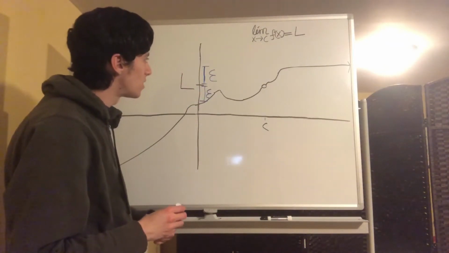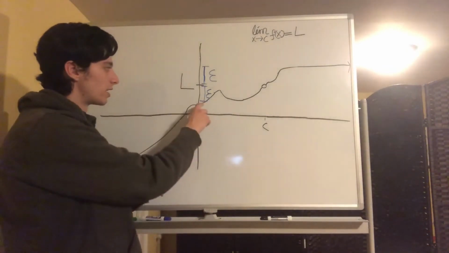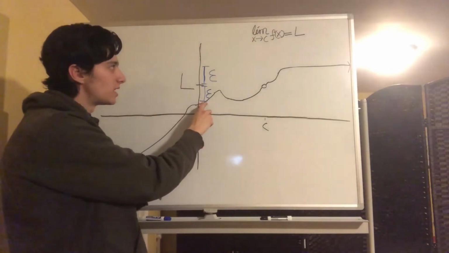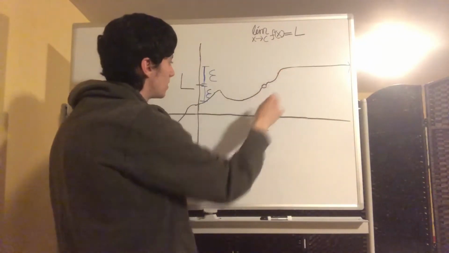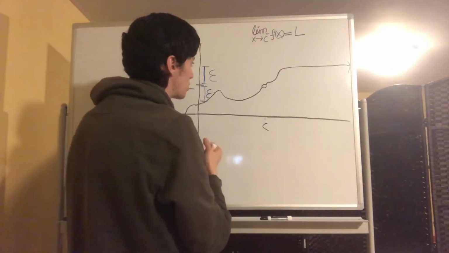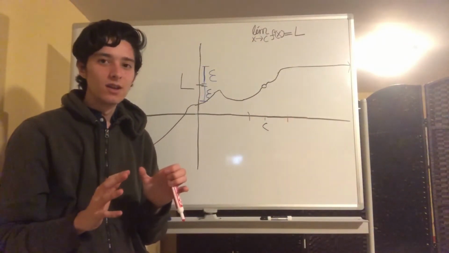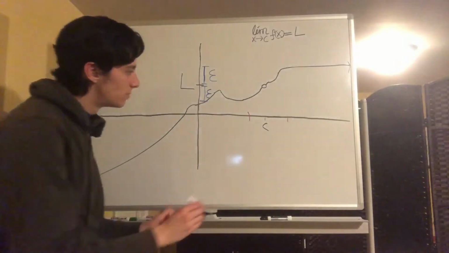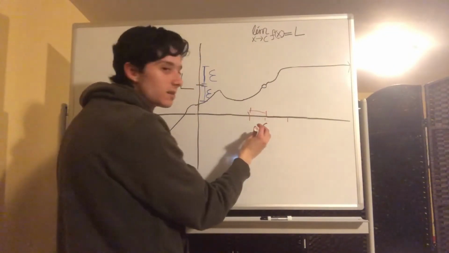So we think about, well, what are the y values that it can be, right? Our lowest y value is allowed to be here, and our highest y value is allowed to be here. So maybe let's restrict our domain. So we can choose values of x to be within this distance of c.